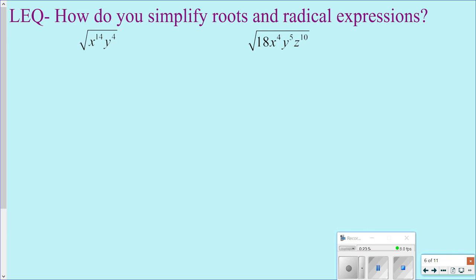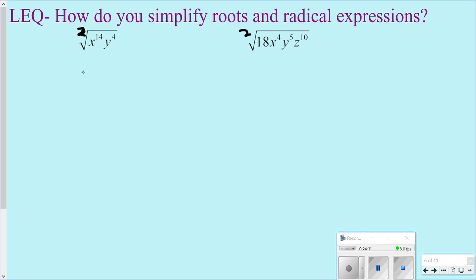All right, we're going to take a look at 2 more for today. So these are both even roots. These are both square roots. I'm putting the 2 to help myself. I am going to worry about absolute value on these in my final answer. So first of all, 14 and 4 both divide evenly by 2. So this one's actually not too bad.